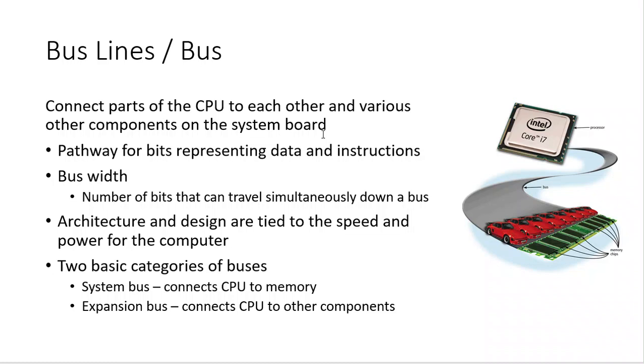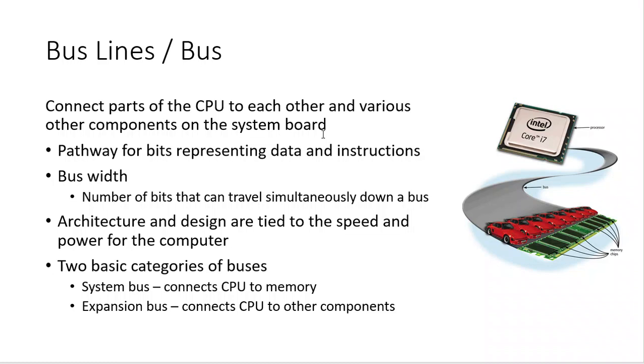Okay, bus width ni maksudnya lebar bus tu. Okay, akan menentukan berapa banyak bits of data yang boleh dibawa dalam satu masa. Okay, contohnya kalau width dia 8, maksudnya 8 bits lah boleh dibawa dalam satu masa. Kalau 32 bits of data can travel simultaneously.